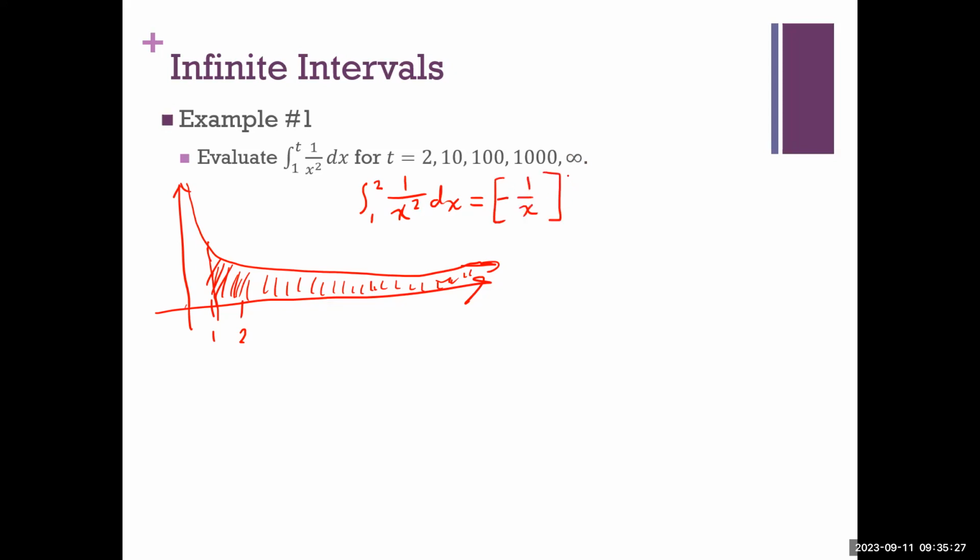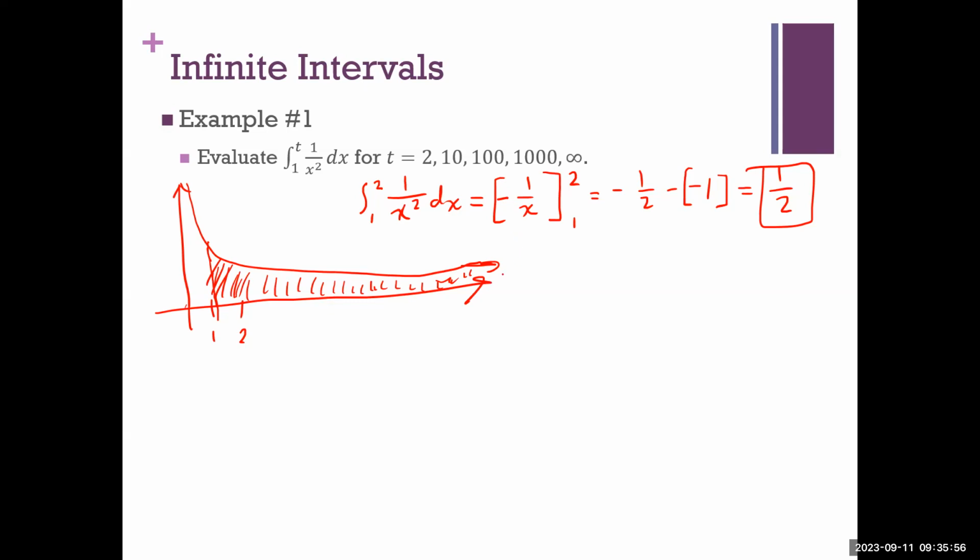And if I evaluate that from 1 to 2, I get negative 1/2 minus negative 1. So positive 1/2, right? So if I can get this area of this infinitely long region, it should be bigger than 1/2, right?